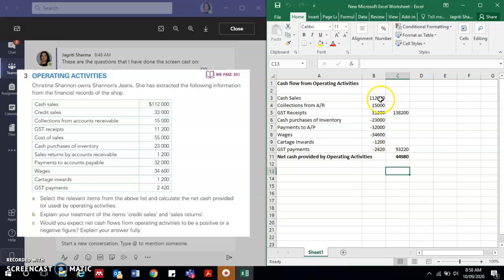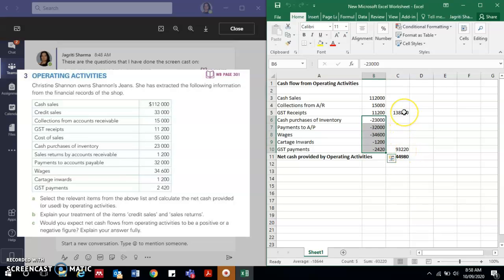So I've added all the inflows together, $138,200, and my cash outflows total, adding all of these together, these four, I get $93,200.